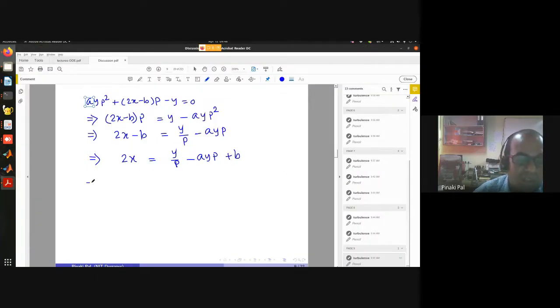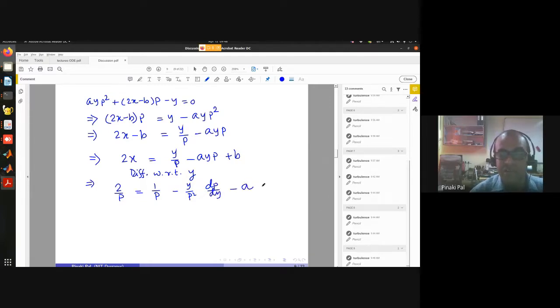Okay, so if we differentiate this with respect to y on both sides, we get 2 dx/dy is equal to 1 by p, and here 1 by p minus y by p square dp/dy, minus a p minus a y dp/dy.